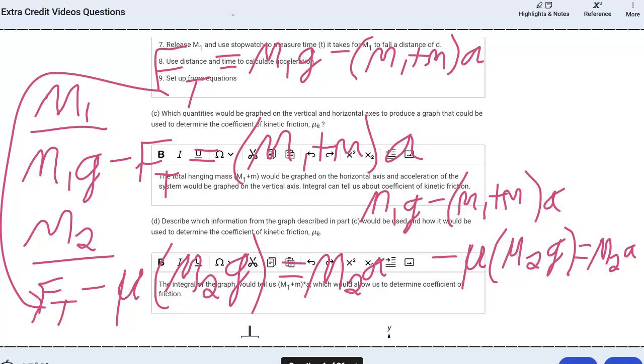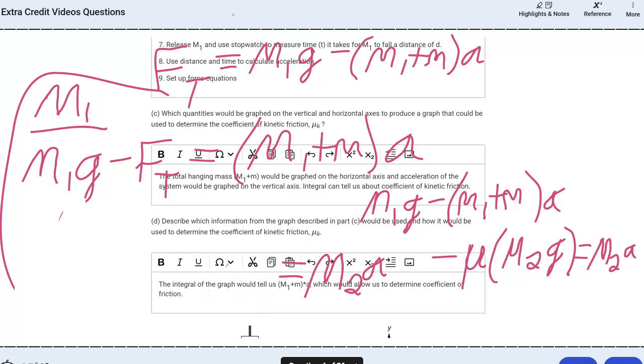I already did it on paper, so I'm not going to go through all the steps, but feel free to pause and go do it.